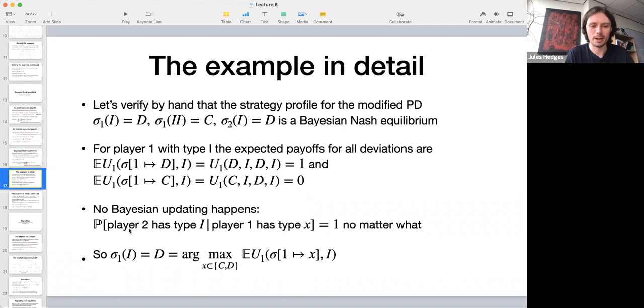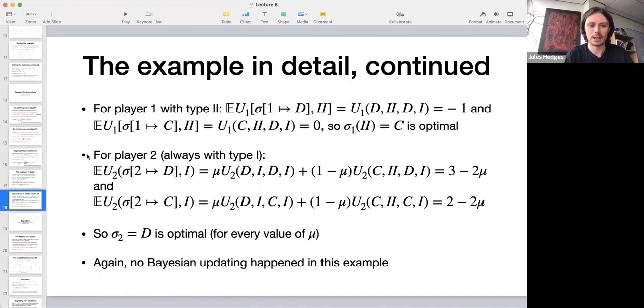That is to say, player 1 knows with probability 1, no matter what, that player 2 has type 1. And we see that defecting is optimal for player 1 in state 1. And then similarly, in state 2, if player 1 defects, they get an expected payoff of -1, and if they cooperate, they get an expected payoff of 0. So that means that in state 2, player 1 playing cooperate is optimal.